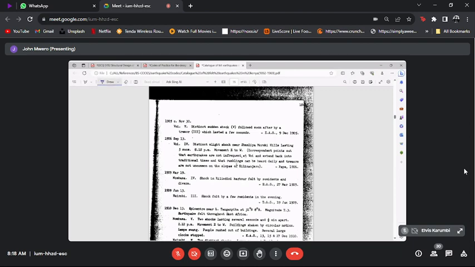For example, if you look at this entry here, it says in 1905, November 30th, this was the Voi district, Upper Coast. Sudden shock followed soon after by a tremor which lasted for a few seconds. That is the description of the earthquake that happened, and he also gave the reference where he got this information from. I think it was a form of newspaper, East African something, published on 9th December 1905.